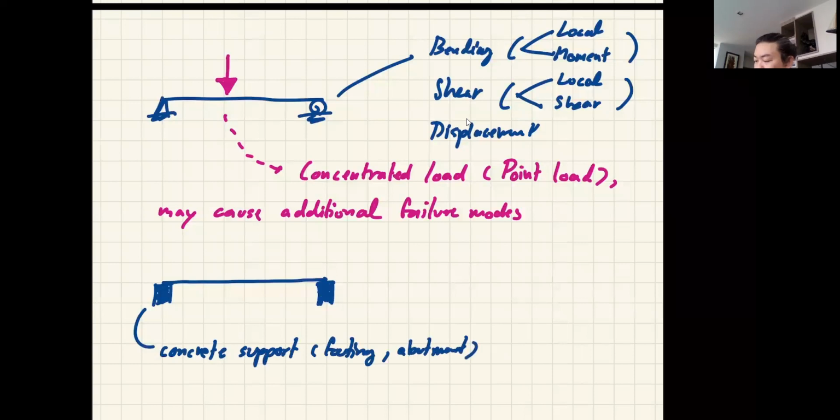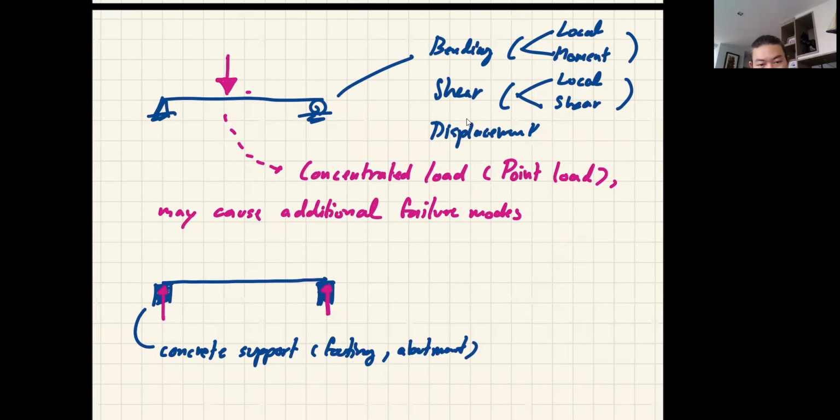Now again, if you are true to the free body diagram, it doesn't matter what kind of load your beam carries, but the reactions do become point loads as well, right? So whenever you have the point load, the additional failure caused by the point load may occur in your beam.